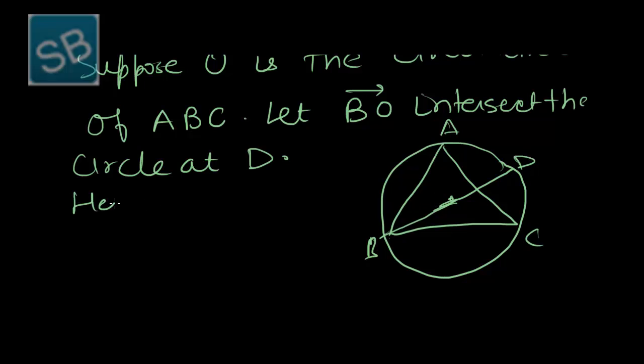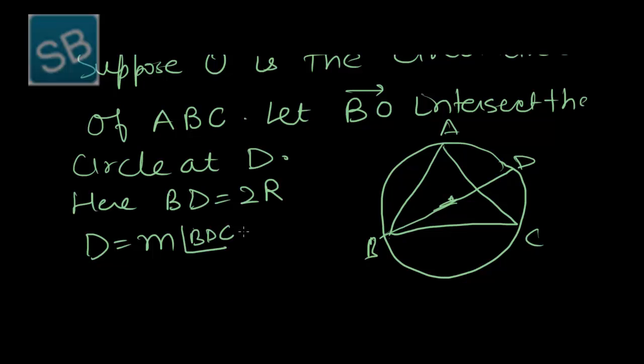Here, as it is passing through the center, BD is equal to 2 times the radius, and the measure of angle BDC is equal to the measure of angle CAB. Why is it equal?